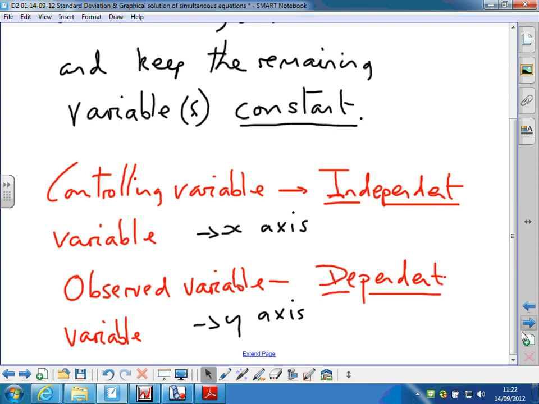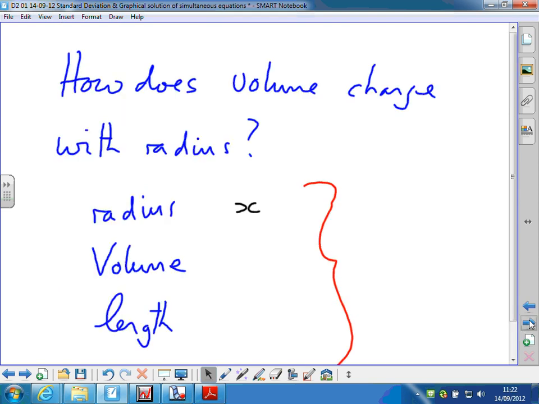If you're wondering which goes where, the controlling one goes on the x-axis, the one that you're observing goes on the y-axis. So in this case, the radius is on the x-axis because we're changing that in nice easy steps generally, and then we're observing the volume, which is the dependent variable. The volume goes on the y-axis. And what do we do about the length? Right, we keep that constant.